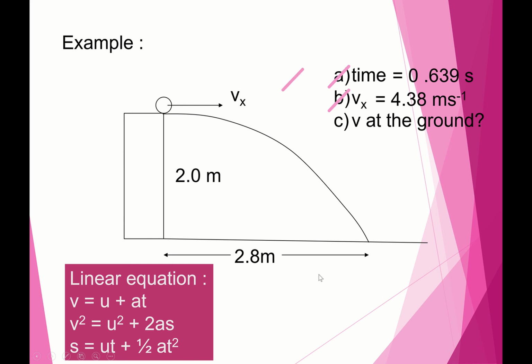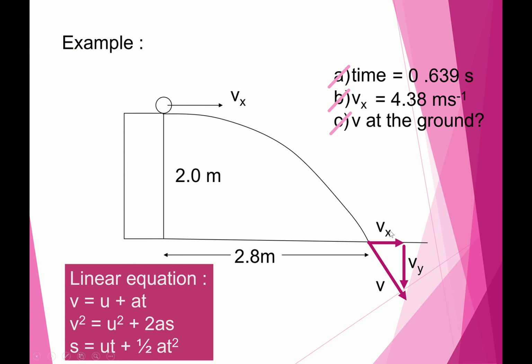At the ground, the V is tangent to the projectile curve. This is the V direction. To get this V, we have component X, Vx, and component Y, Vy, and we can solve V by using Pythagoras theorem. But we must know the Vy value.